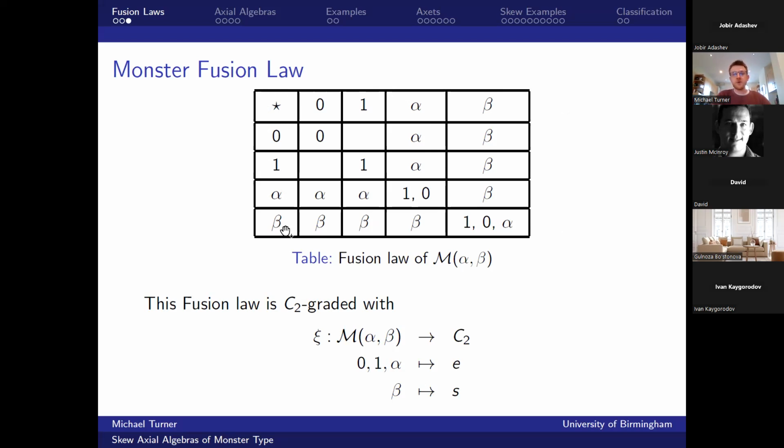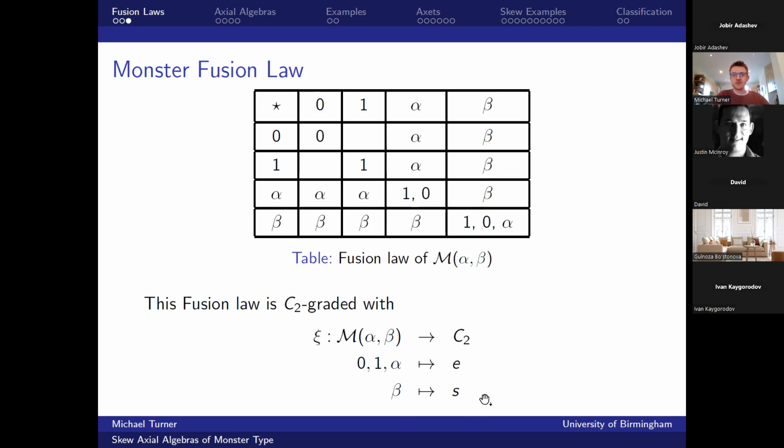If we just look at 0, 1, and beta, we almost get another Jordan fusion law. However, we've got this alpha appearing in beta star beta. This is, again, a C2 graded fusion law, where 0, 1, and alpha go to the identity element, while beta goes to the non-identity element.